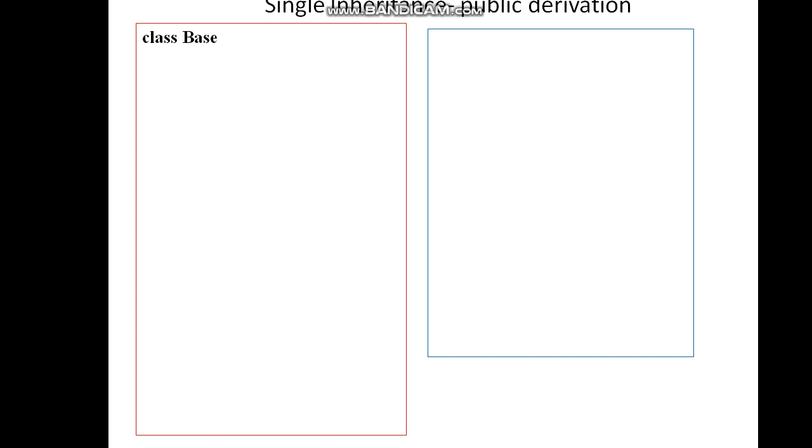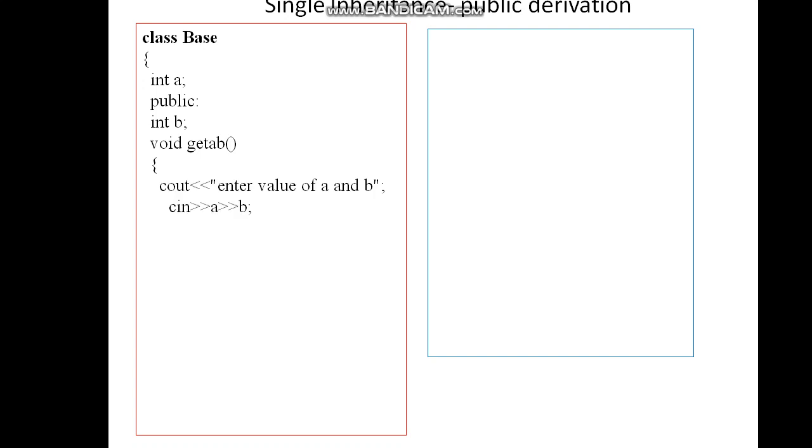Class base. This is the base class. Base class can have its own members. Like A is a data member and it's a private data member. By default, visibility mode of members will be private. Then in public section, we have data member B. We have a function getAB. getAB is a function which reads the values of A and B from the user.